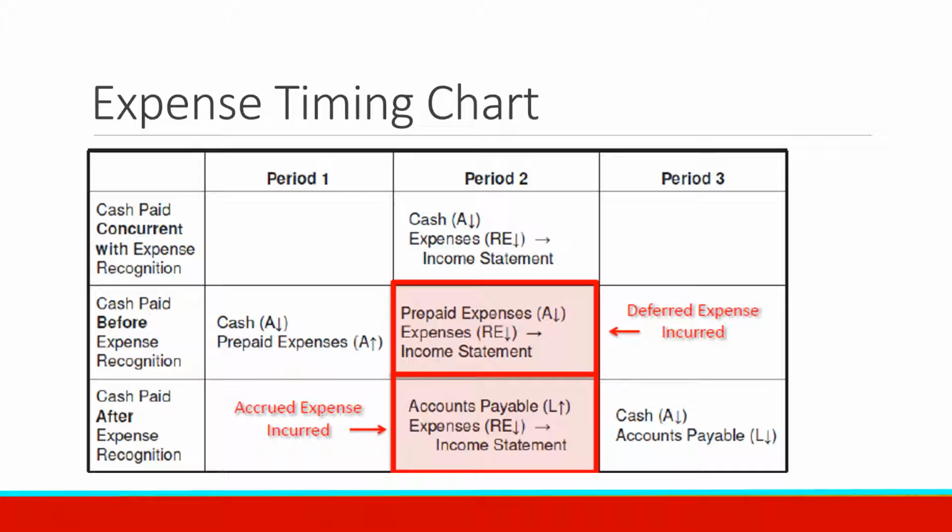Then in September, when you pay the employee on Friday, cash will drop and that wages payable will disappear. So that's the third kind of timing situation you can have in the case of expenses.